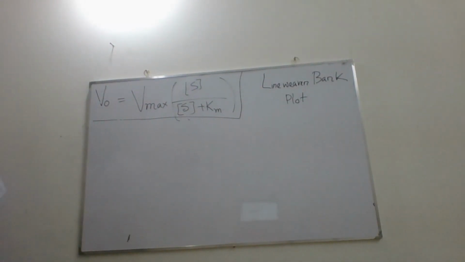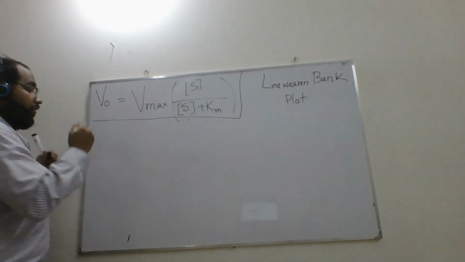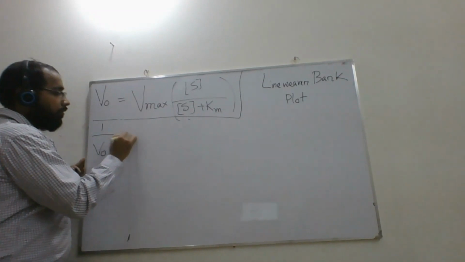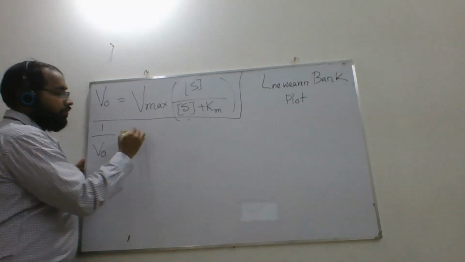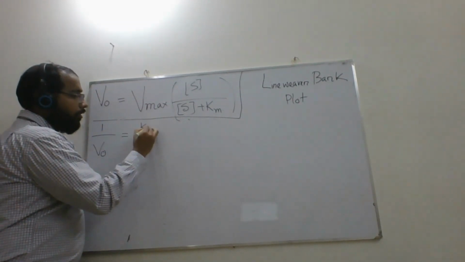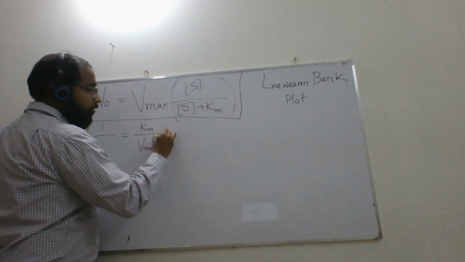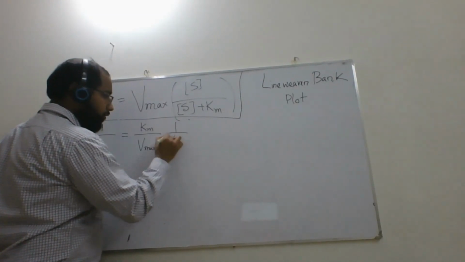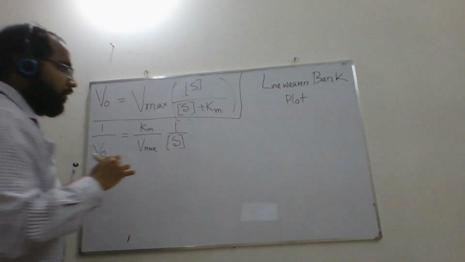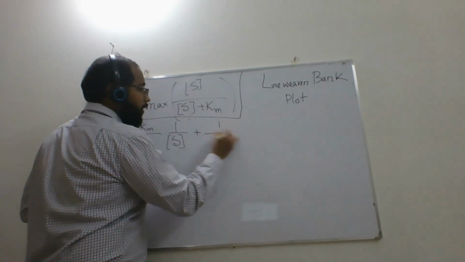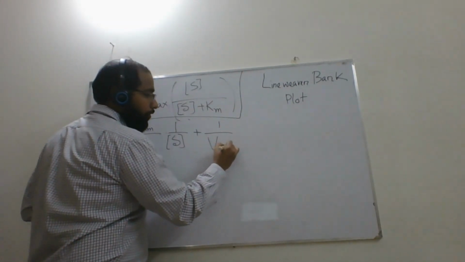So that means we have 1 by v0 equal to km by vmax into 1 by s, plus 1 by vmax. This was our equation.